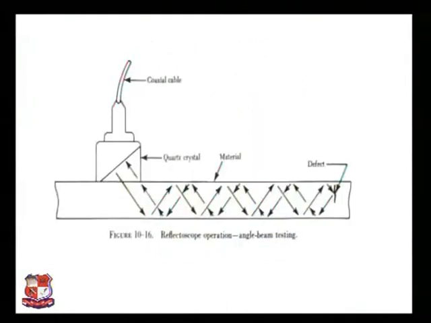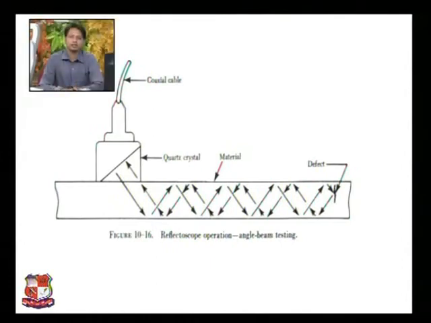In the same manner, you can see a slab-like structure, which is a material, a coaxial cable, and a quartz crystal. Through the coaxial cable, when alternating voltages are applied, the transducer converts that electronic signal into ultrasonic waves which pass through the material. You can see the ultrasonic waves passing through the material, colliding with the edges and reverting back to the transducer.